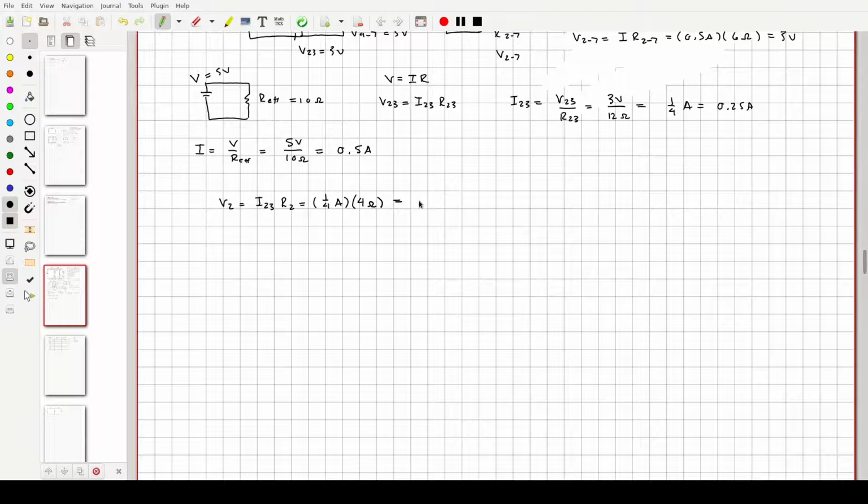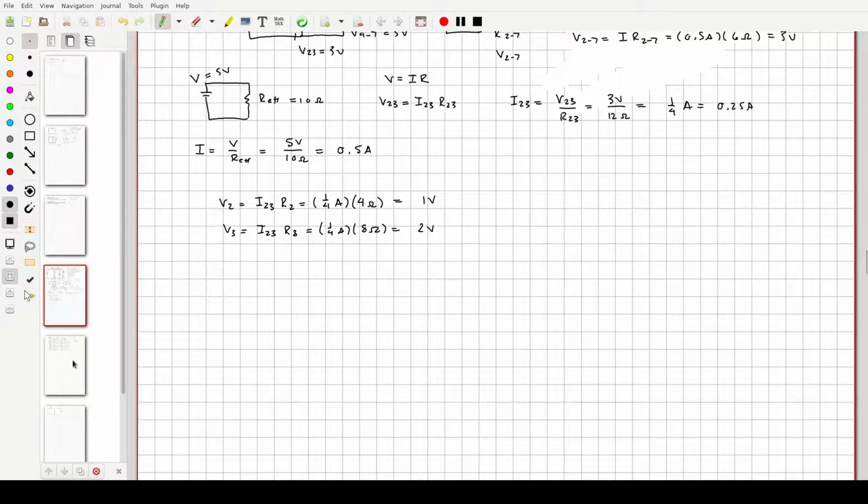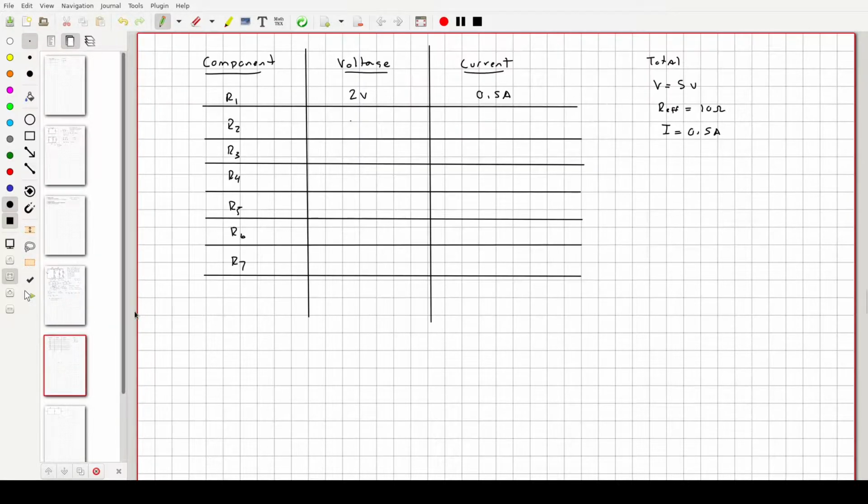So when you do this, 1 volt. V3 equals I23 times R3, 1/4 of an amp times 8 ohms, or 2 volts. 1 plus 2 is 3, so it adds up to what you expect. So now we have some more useful information we can put in our worksheet.